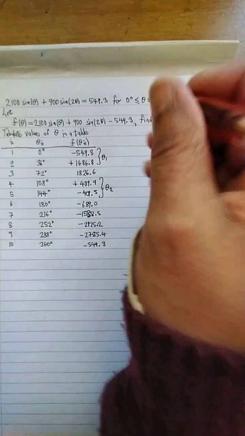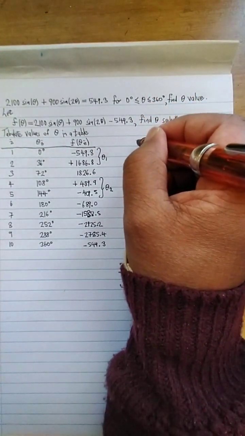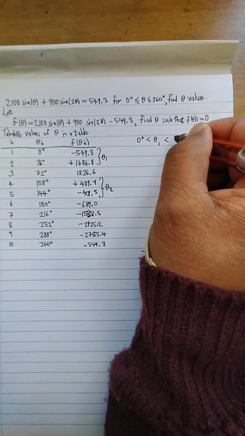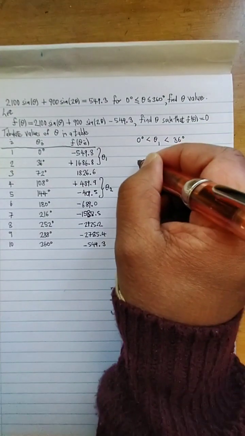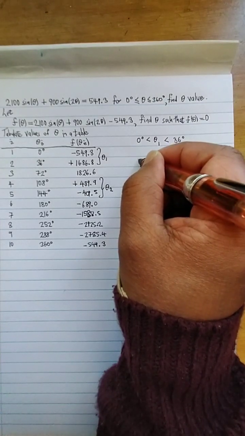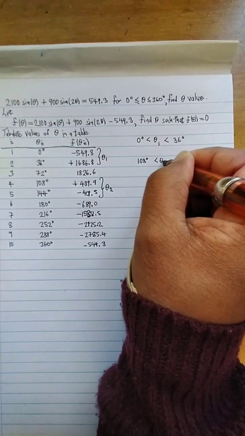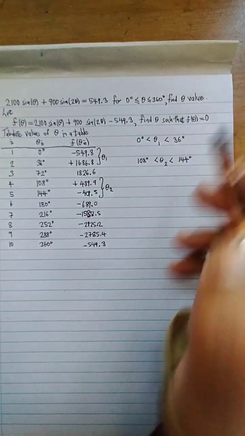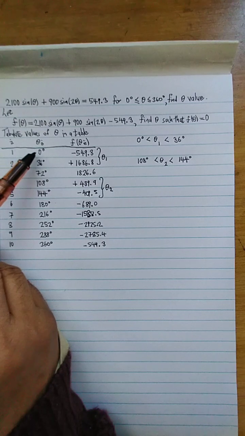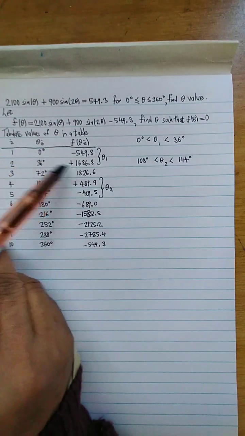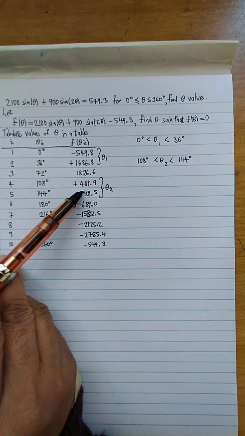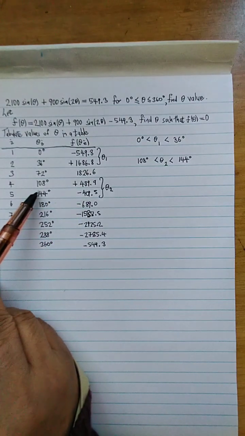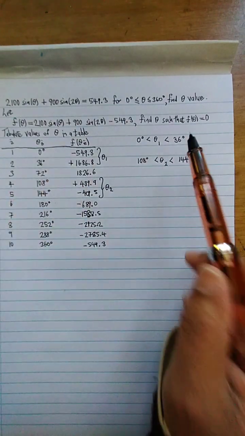So we know that theta 1 is between 0 degrees and 36 degrees, and we also know that theta 2 is between 108 degrees and 144 degrees, because the negative 549 is at 0 degrees and the positive 1686 is at 36 degrees, and the plus 489 is at 108 degrees, and the minus 409 is at 144 degrees. So we don't know the exact value, we just know the range.